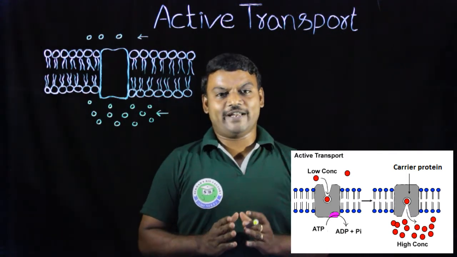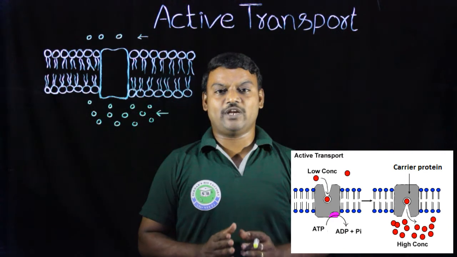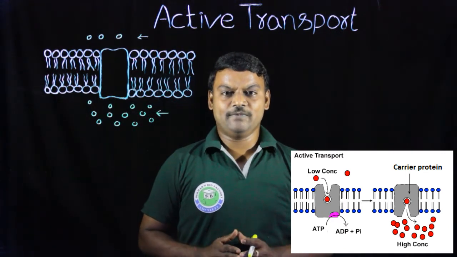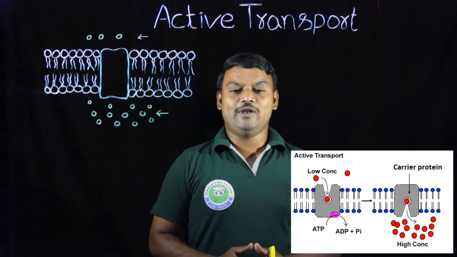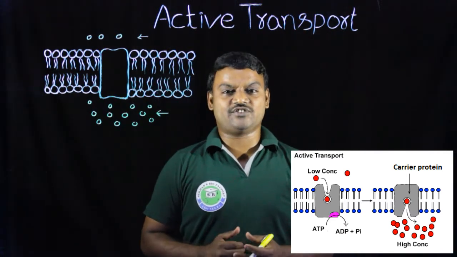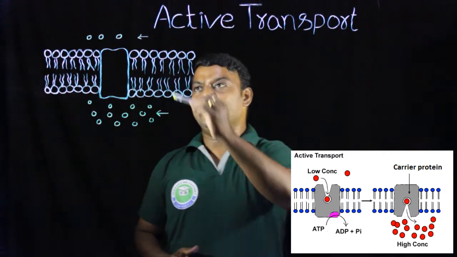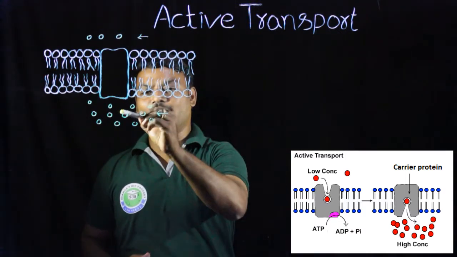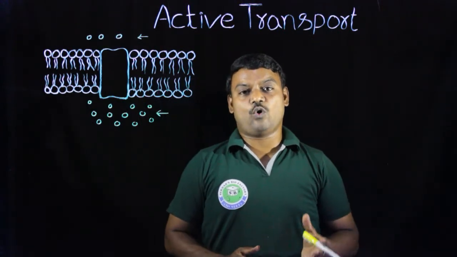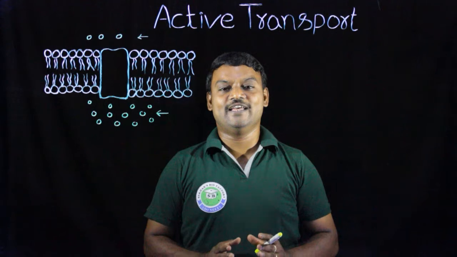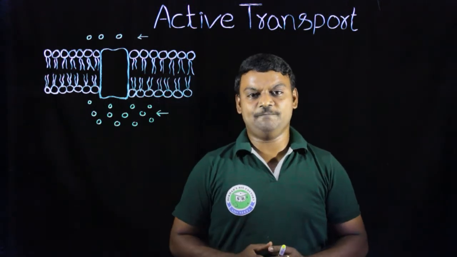Based on the concentration gradient, molecular transportation generally takes place, but in active transport, the transportation of molecules takes place against the concentration gradient. That means from lower concentration to higher concentration. For the transportation of the molecule against the concentration gradient, it needs the utilization of ATP energy.